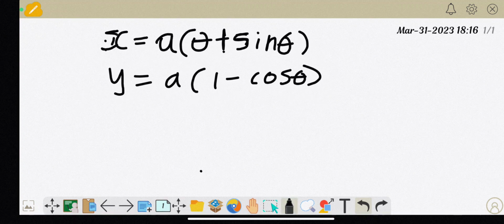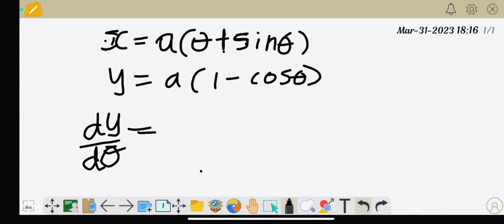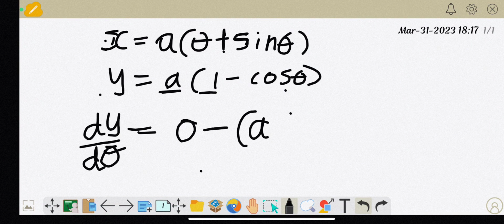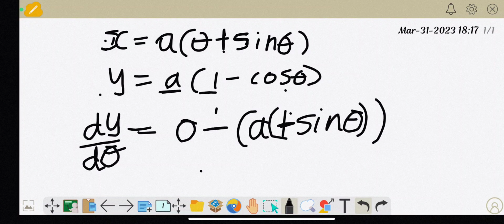So how can you now differentiate with respect to theta? So y, what happens with respect to theta? dy by d theta. a is constant, 1 is constant. So I can multiply this. When I multiply, what happens? a minus a cos theta, correct? Differentiation of a constant is 0, minus differentiation of cos theta, which is minus sin theta. a into minus sin theta, so this minus and minus will become positive.